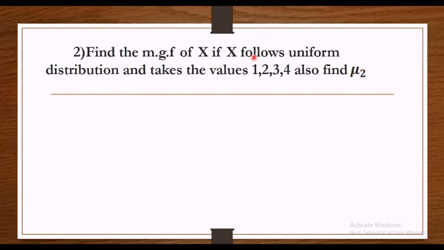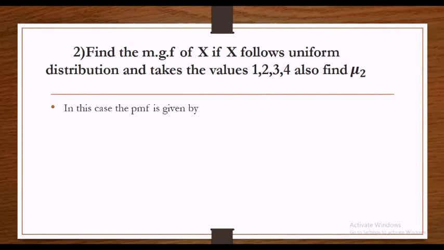It is clearly given that x follows a uniform distribution, so you have an awareness of what your f of x will look like, and here x takes the values 1, 2, 3 and 4. You are asked to find the MGF and mu2. Now what is mu2? The second central moment. I hope you all remember the previous module.